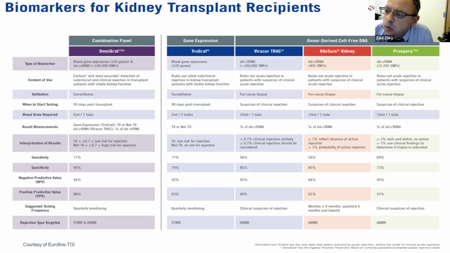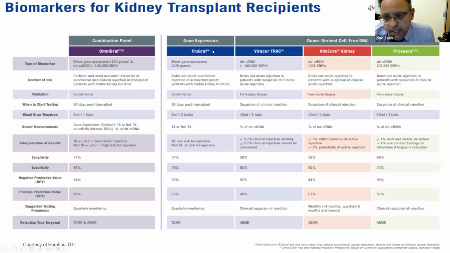Each one has how many SNPs it can detect, and it shows what percentage cutoff to use. Most of them are 1%, maybe Viracor TRAC will use 0.7%. In general, the sensitivity is not the greatest, the specificity maybe a bit better, but the most important thing is the negative predictive value: you can rule out by more than 90% that there's no rejection if the test is negative, and mainly for antibody-mediated rejection.